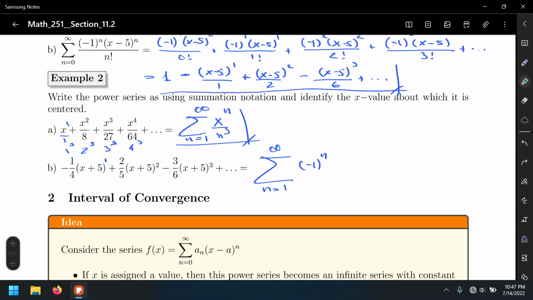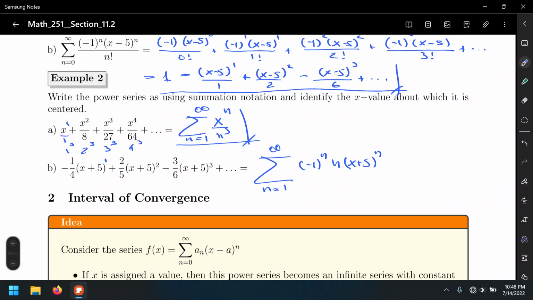So it seems like n times (x plus 5) to the n should work. But what about the numbers in the denominator? We have 4, 5, 6. So we have 1 with 4, 2 with 5, 3 with 6. What's the difference between 1 and 4?